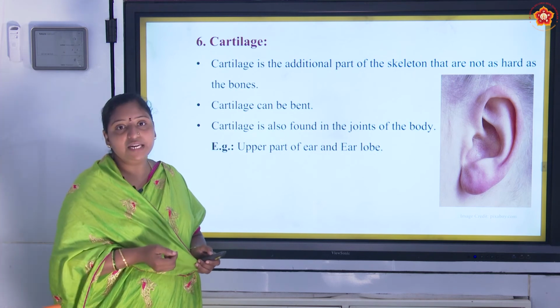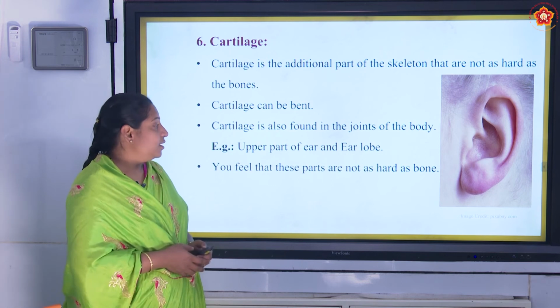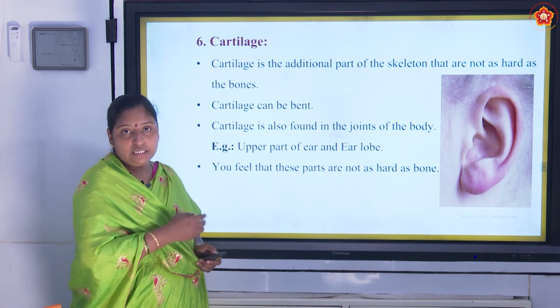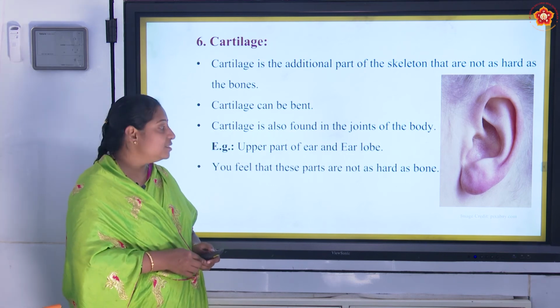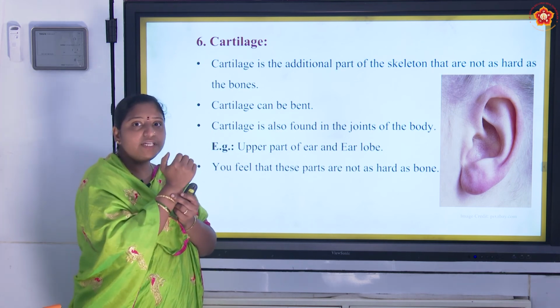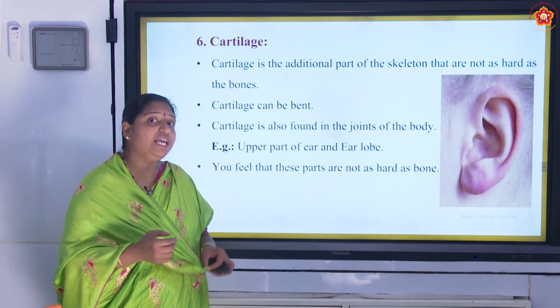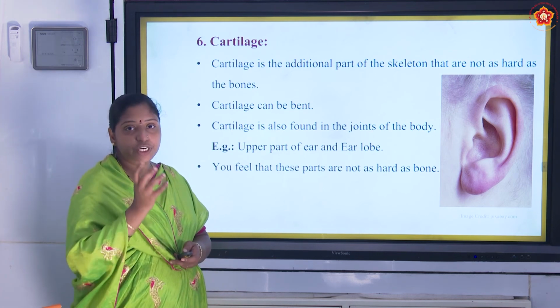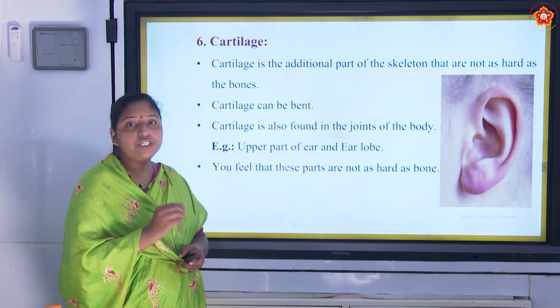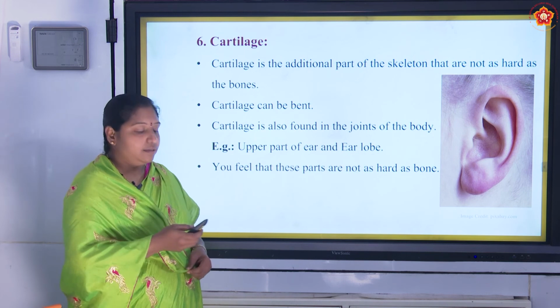It is flexible in nature. You feel that when you touch all this cartilage, these are not as hard as bone. You can observe in your body itself. You touch other bones as well as the cartilage. There will be a difference in the shape as well as the structure of that cartilage as well as the bone.